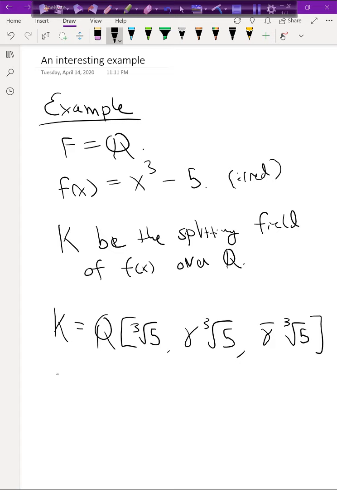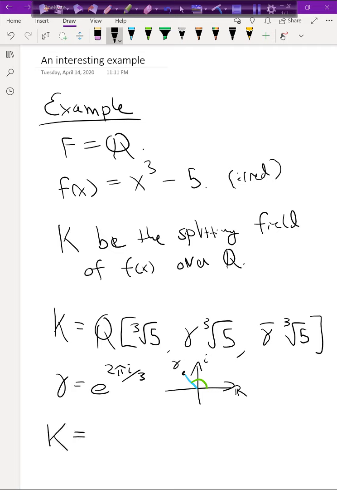In fact, gamma, you could say, is e to the 2 pi i over 3 if you've taken a class in complex analysis. It's a third root of unity, so it corresponds to this element. Well, I can't draw very well, but this should be a third of the way around the circle, if you're drawing your complex numbers, here's the imaginary axis and the real axis.